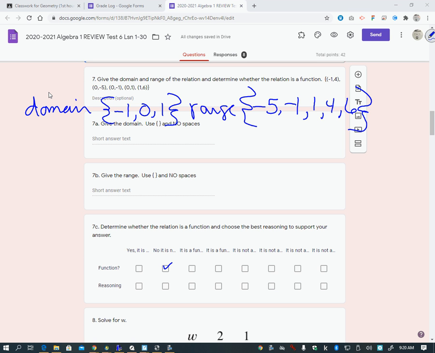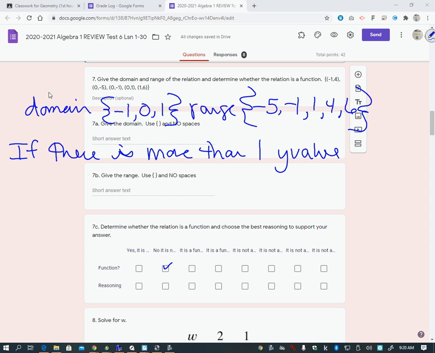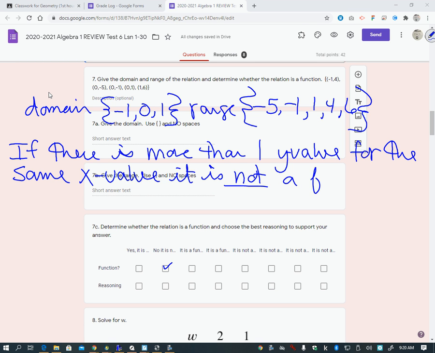This is what's going to show that it's not a function. If there is more than one y value for the same x value, it is not a function.